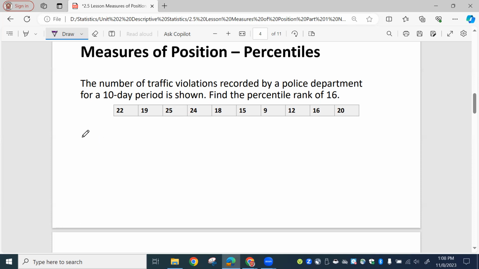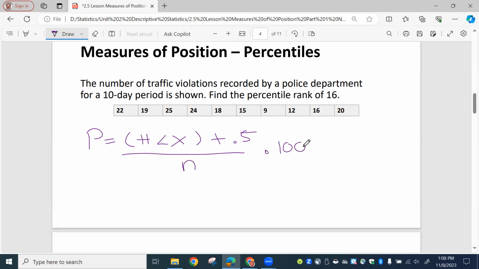The way I calculate that, I'm going to use P for percentile, is I take the number of values below X, so number less than X, where X is our data point. And I'm going to add 0.5, divide by the number of data points, and then multiply by 100, so that becomes a percentage.